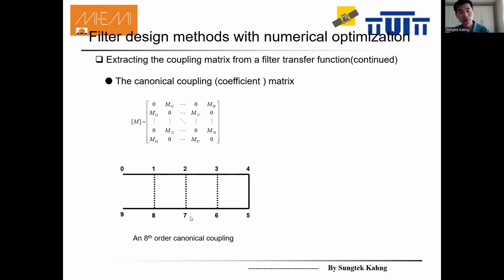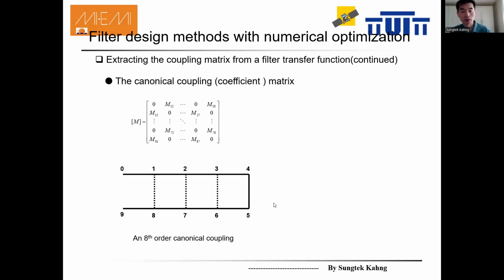Especially these dashed lines are called cross-coupling paths. These cross-coupling paths jump. This line is the bridge between resonator 1 and resonator 8.